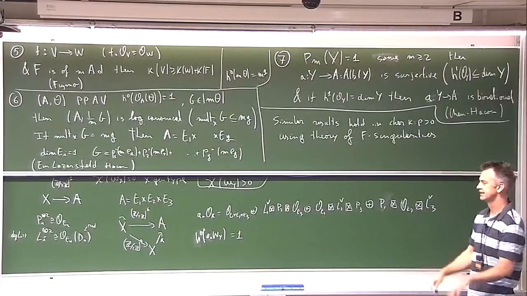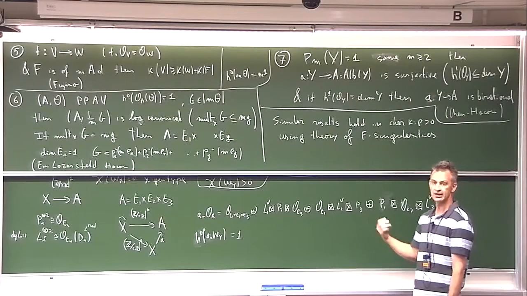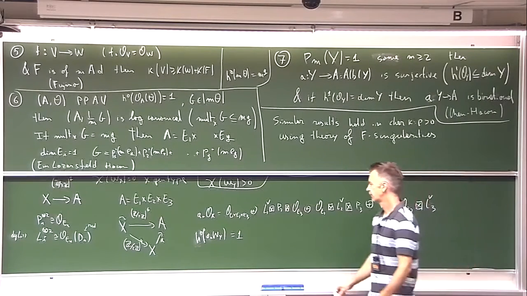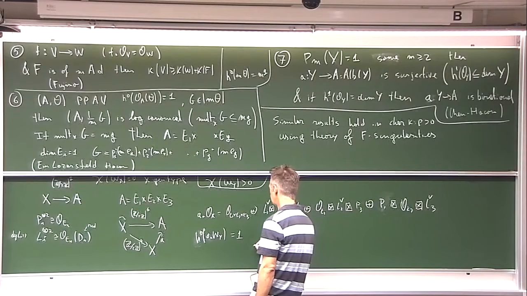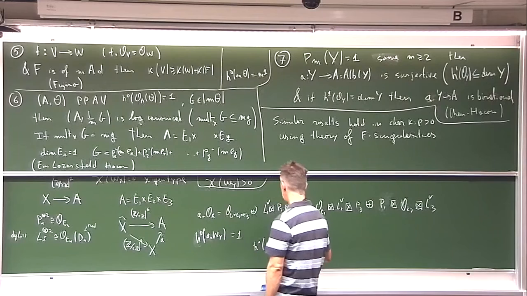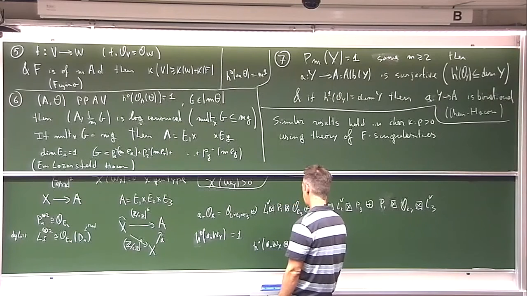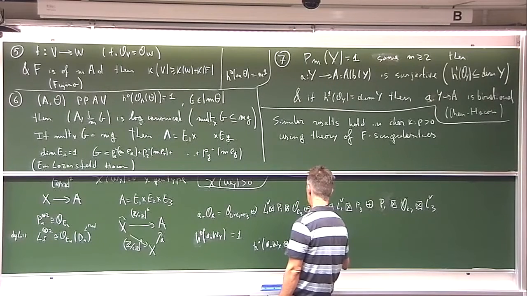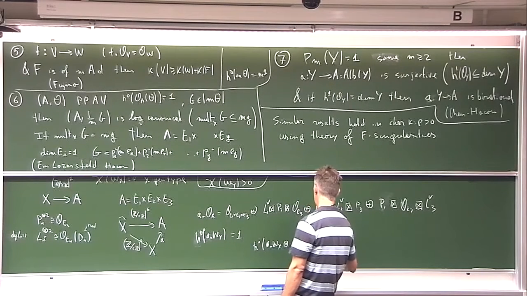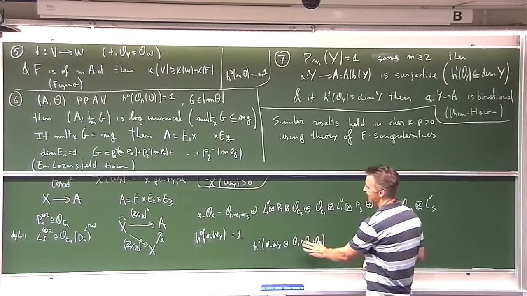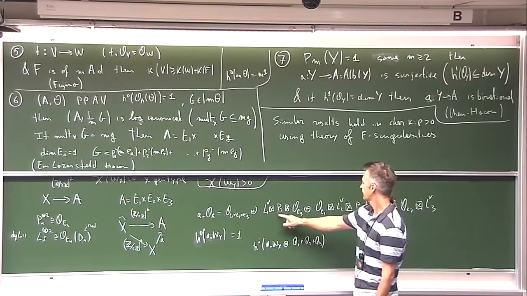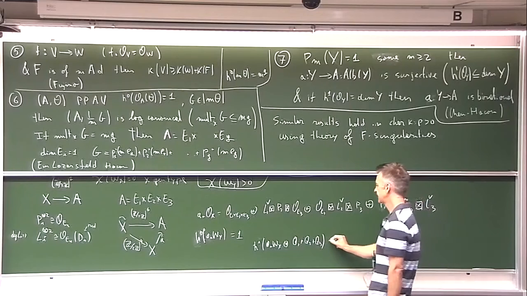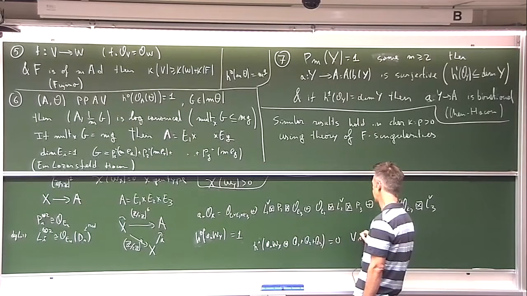it's an easy example to see that the Euler characteristic will actually be 0. So for example, if you compute Hi of A lower star of omega x tensor Q1 plus Q2 plus Q3, as long as these guys are different from P1, P2, and P3, this will turn out to be 0 for every i.